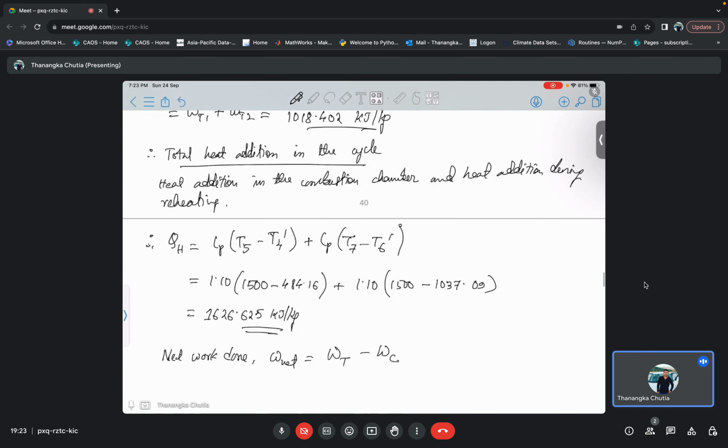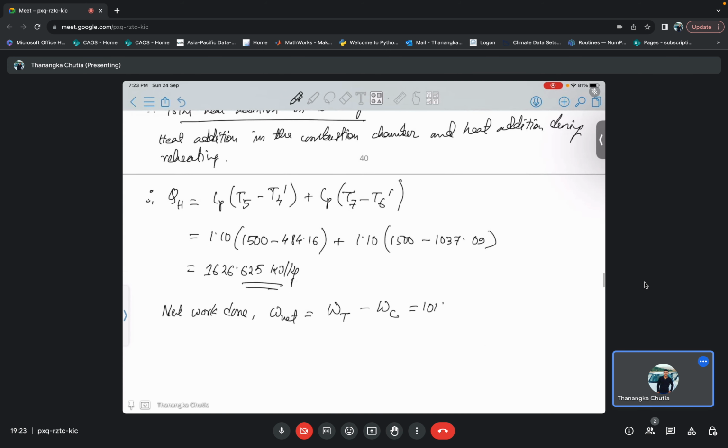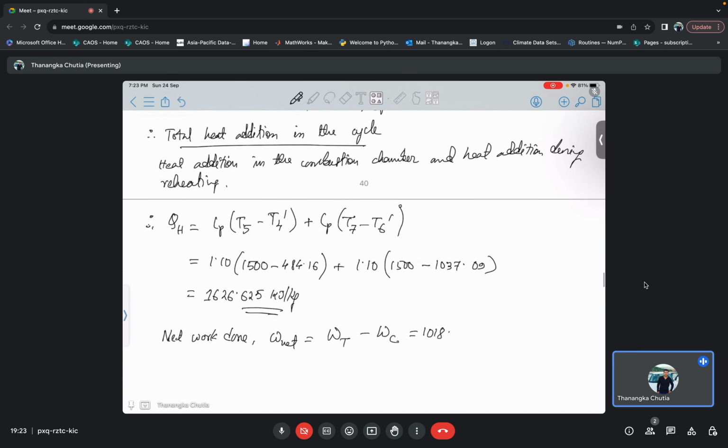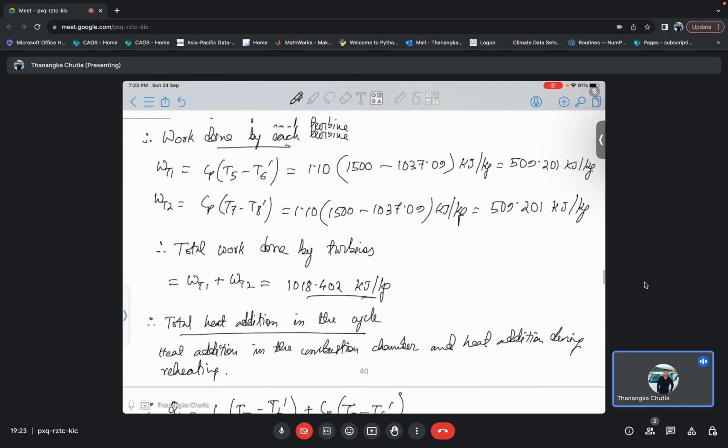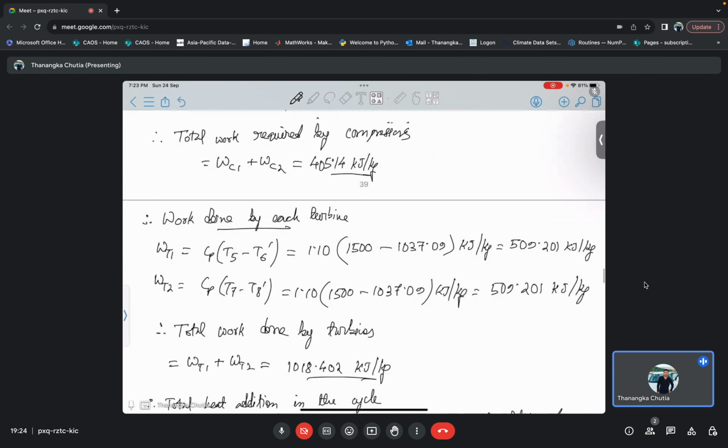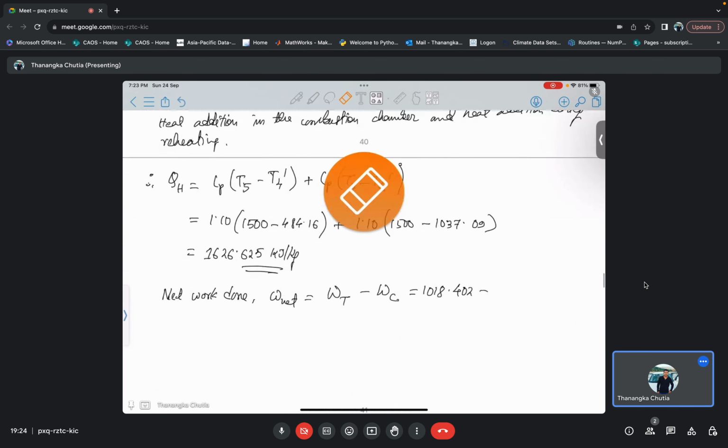So WT is 1018.402 and WC is 405.14. So from here you will get 613.262 kilojoule per kg.